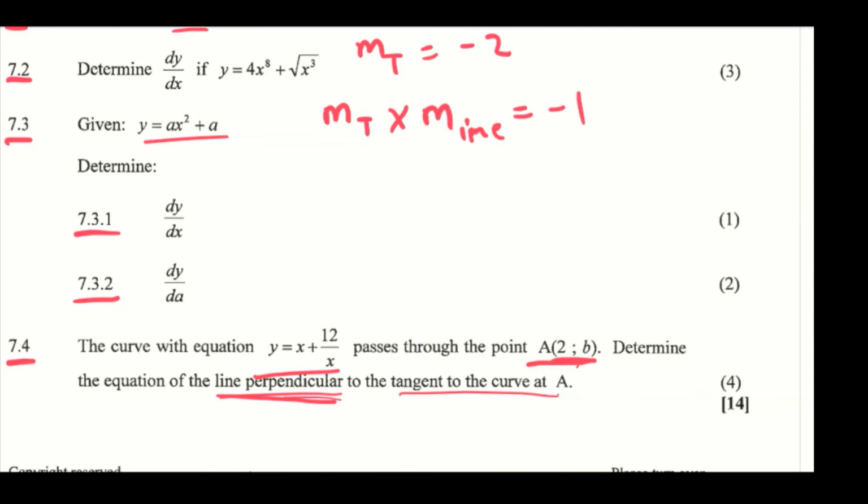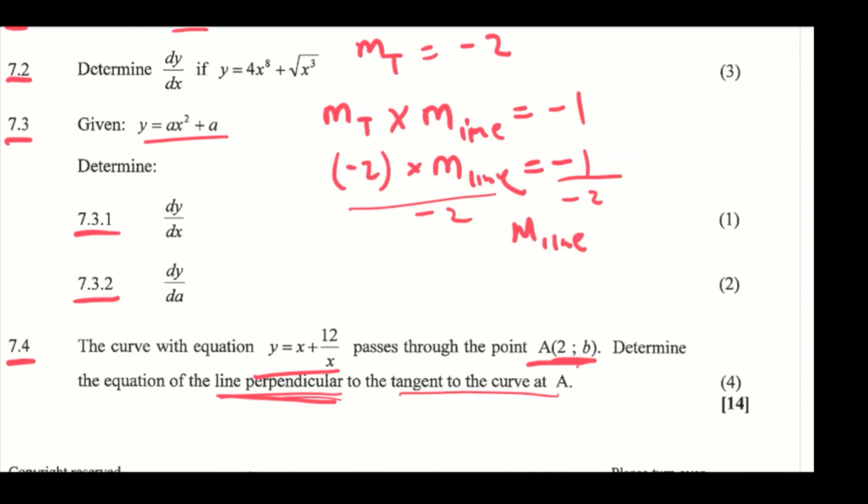So the gradient of the tangent is minus 2, we don't know the gradient of the line that is perpendicular to the tangent, and the product is -1. So we divide both sides by -2. So m of the line is equal to 1 over 2.